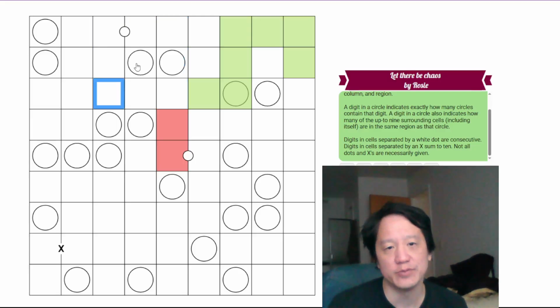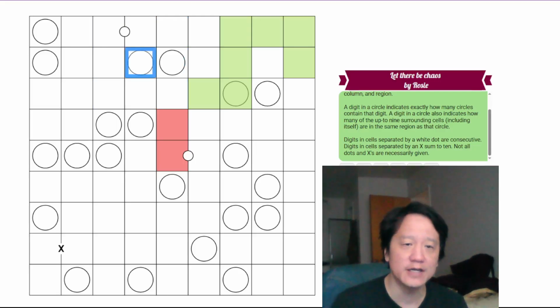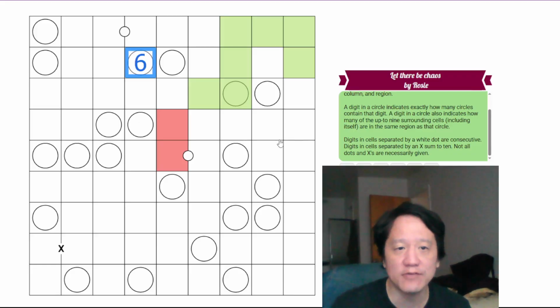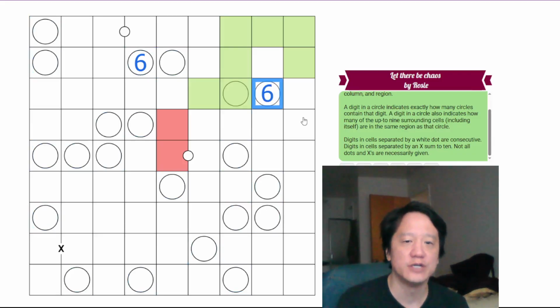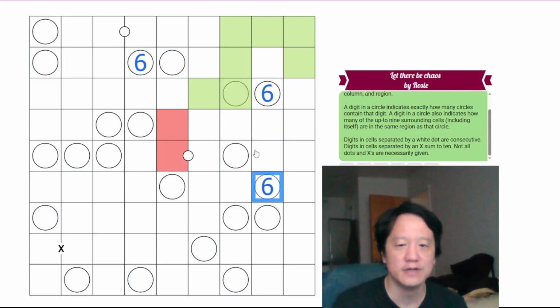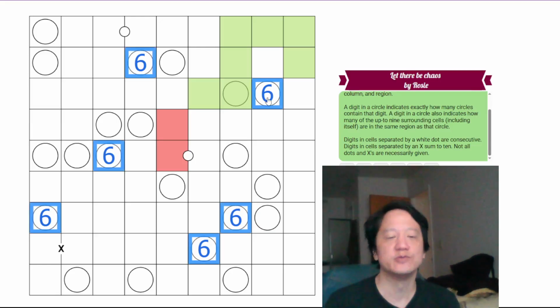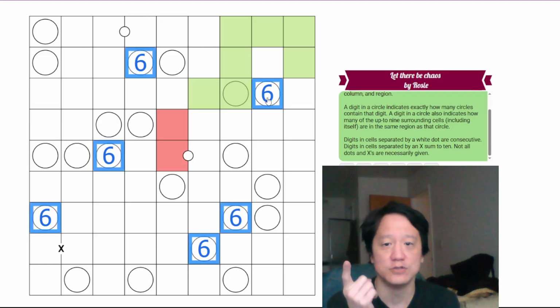So for example, if we had a 6 here, we would have to have 6 sixes in total in circles. So you would have 6 here, 6 here, 6 here, 6 here, 6 here, and 6 here. And this would be valid because we would have 6 sixes in circles.